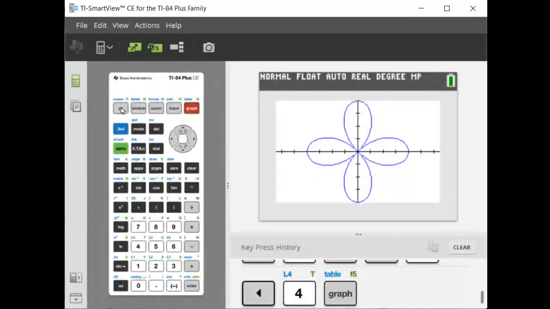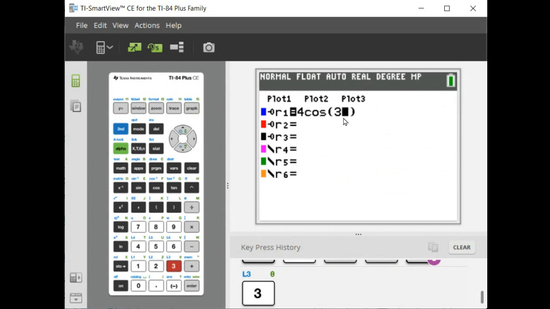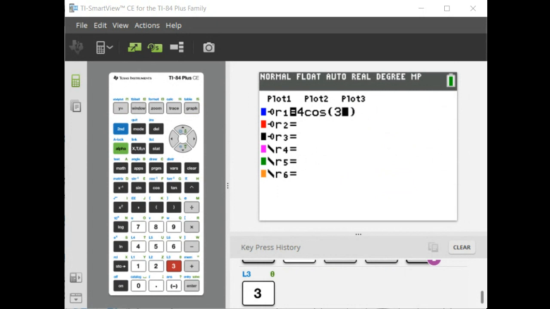Now, if I change this value in here to a 3, Soraya, what do you think will happen to my petals? The number of petals. Soraya?